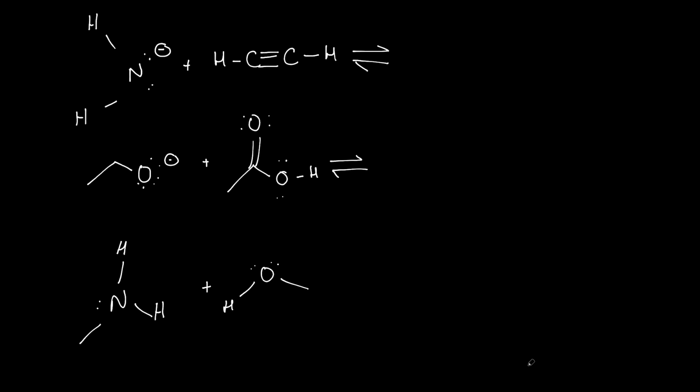Alright, now we have some more examples. So we have an NH2 minus here. So we know this is going to be our base because it has the negative charge. And that means this has to be the acid. So what's going to happen with the electrons? Well, the electrons are going to try to go to the hydrogen, meaning that the electrons in that bond are going to have to go to the carbon.